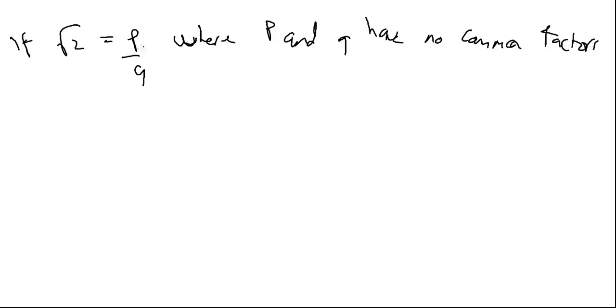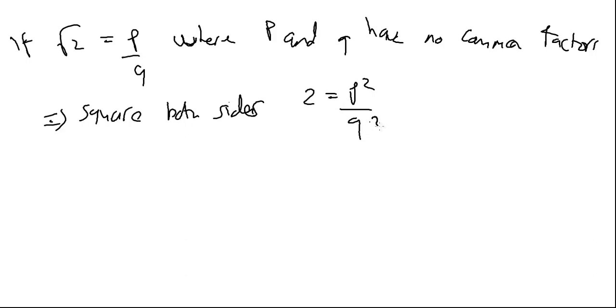If there were common factors, we want to reduce it down to a fraction which has no common factors. So if root 2 is p over q, then we can square both sides. So 2 is equal to p squared over q squared. So we can write that as p squared is equal to 2q squared.